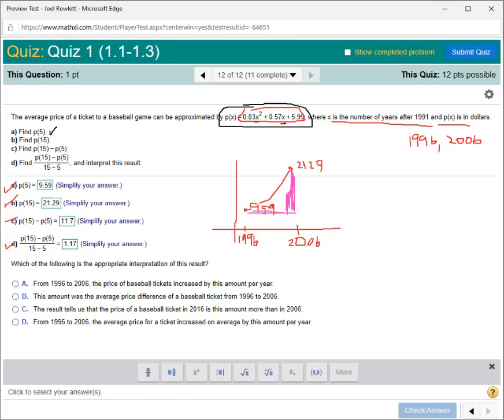Part C says the result tells us that the price of a baseball ticket in 2016 is the amount more than in 2006. Well, that may be true, but the graph didn't really tell us that. Or I should say the math did not tell us that. So part D, from 1996 to 2006, the average price for a ticket increased on average by this amount per year.